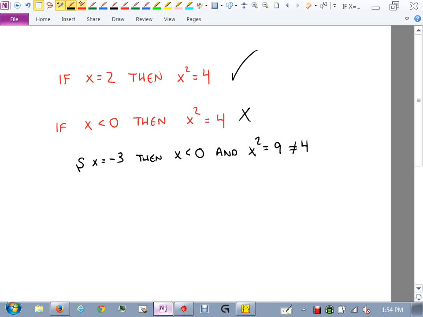Okay, let me try one more. If x squared is less than 0, then Robert is bald. All right, I'll do that. I was going to go a little worse than that, but I'll do that.